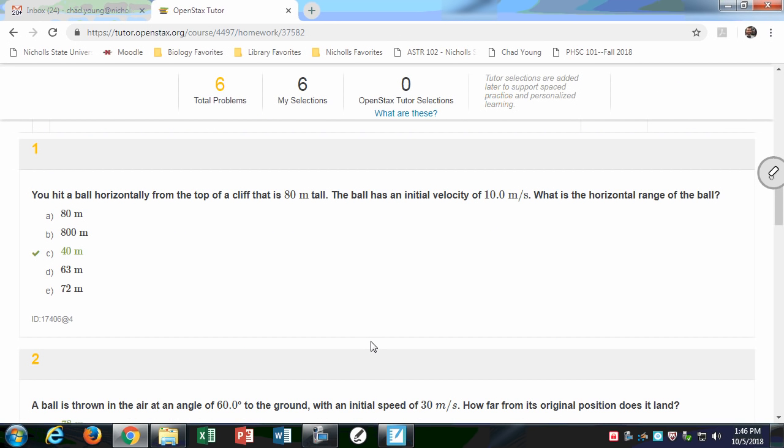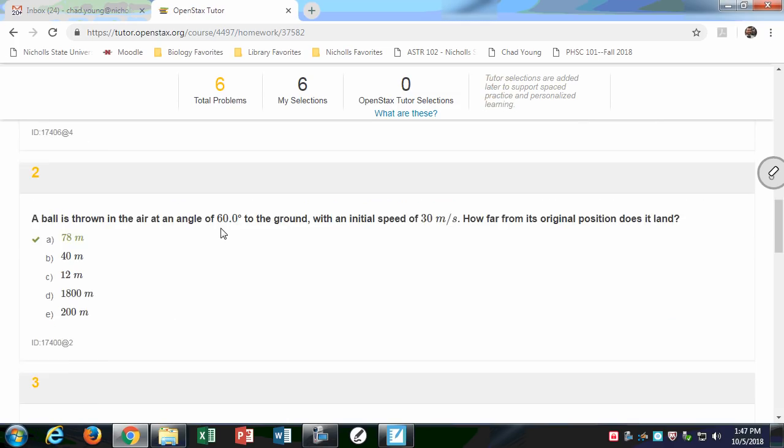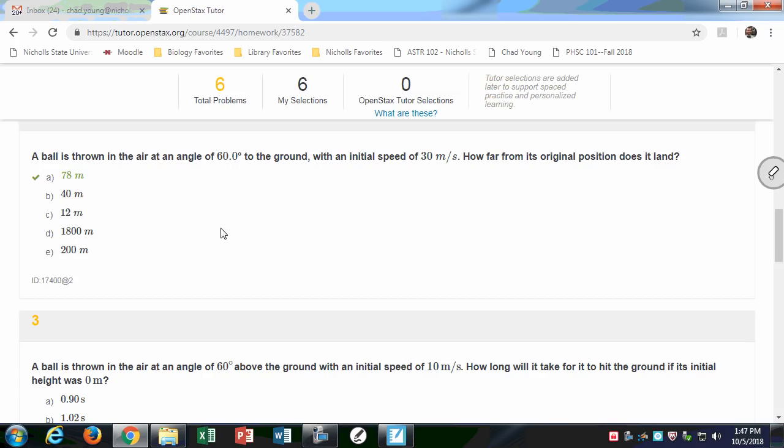A lot of these are basic, our standard problems. Like this is the one where you're going out horizontally. This is the one where you start from the beginning and go to the same height. You need to know how to do all those.